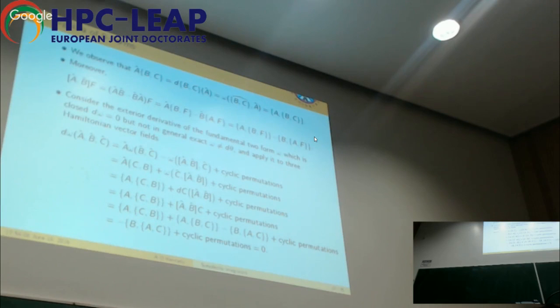So I substitute that in. So what I get is a combination of the various nested Poisson brackets with various signs and cyclic permutations.